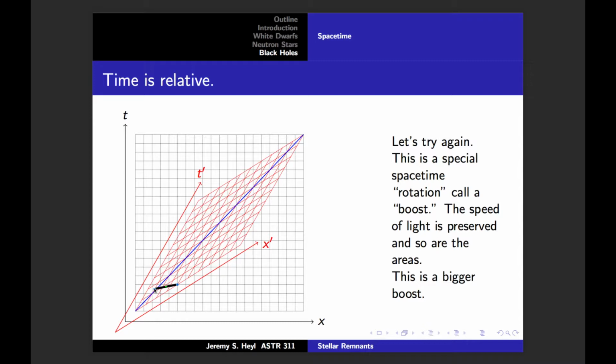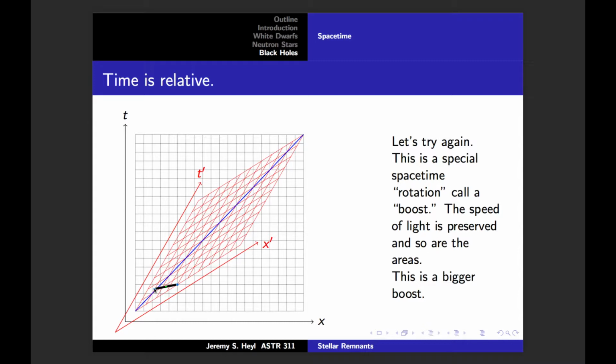So relative to the gray guy's perspective, is the other guy going backwards in time? No. If some guy went along the black line, it would look like you were going backwards in time, right? But the secret is, look at the black line. It's going really fast.